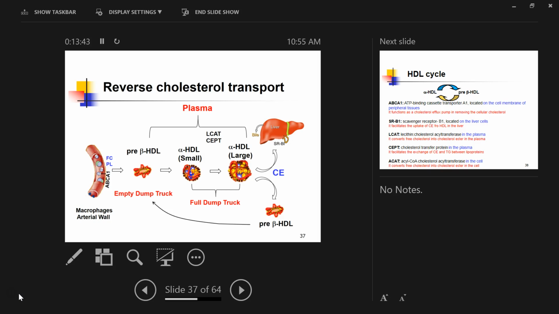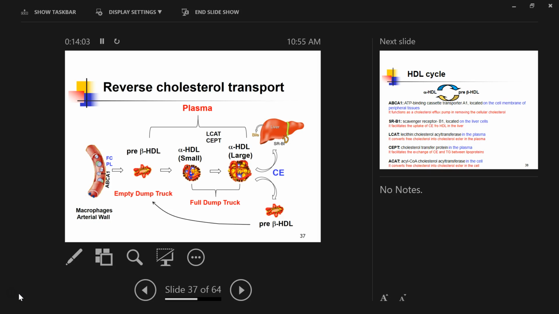But there are also several things happening in the plasma. For example, initially the cholesterol loaded in the beta HDL is free cholesterol.